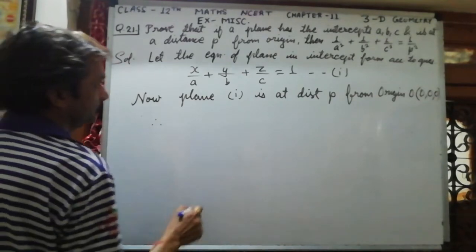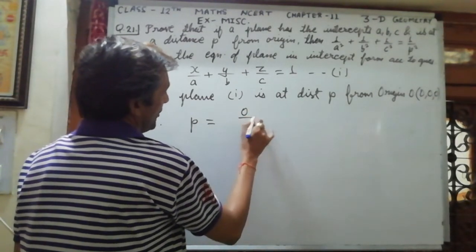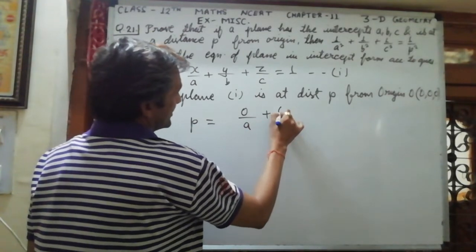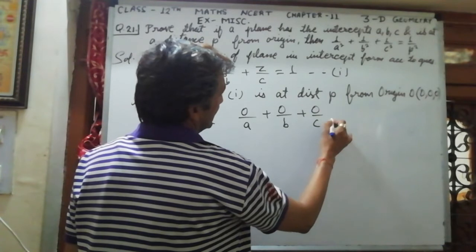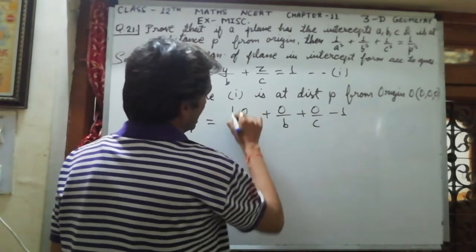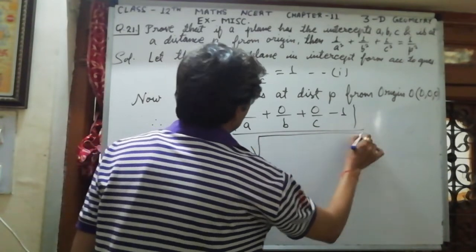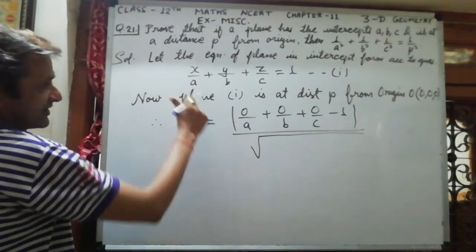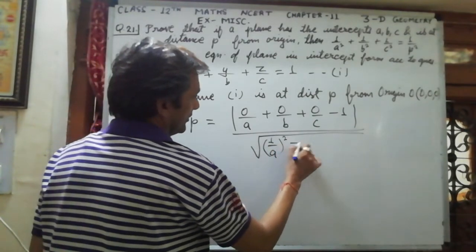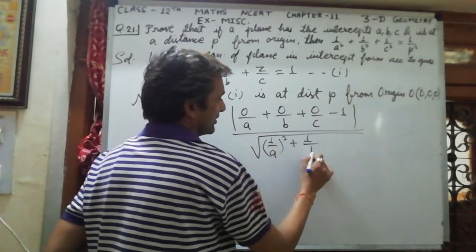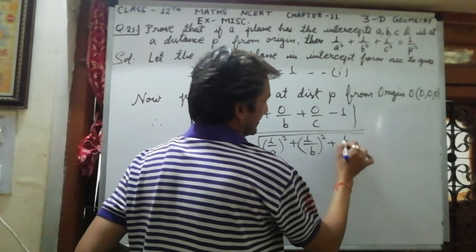Therefore, p is equal to mod of 0 upon a plus 0 upon b plus 0 upon c minus 1, upon root of the coefficient of x, which is 1 upon a, so 1 upon a whole square plus 1 upon b whole square plus 1 upon c whole square.